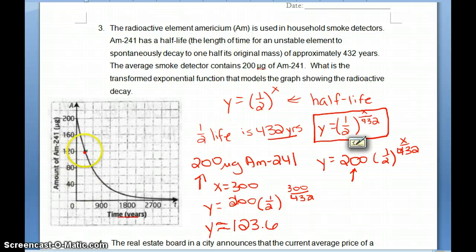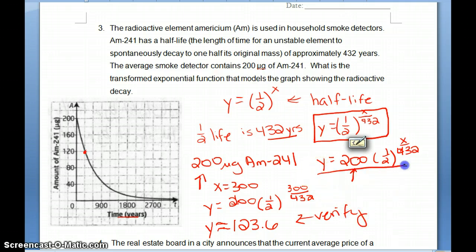Looking at this graph, it's a little harder since your y values are so big, and it's really hard to get super exact. It would look like it's at 120, but to be 3 off, considering our values there, that's pretty close. So it might mean that we're on the right track. If you wanted to double check, try another point. Okay, so that is just to verify.